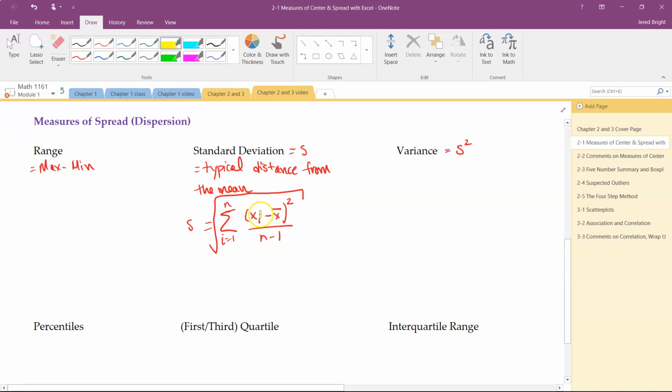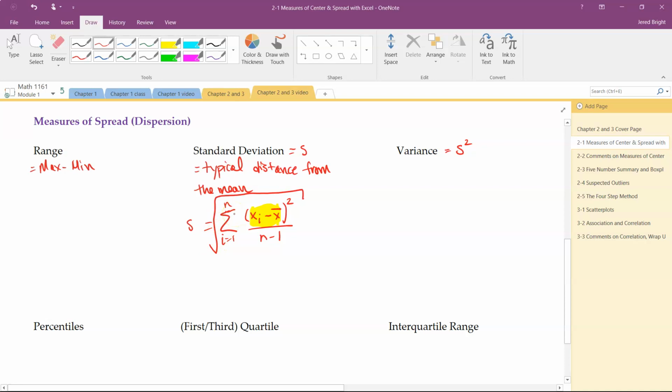But the idea is that with standard deviation and variance, you're looking at the difference of the observation from the mean and then squaring it, square rooting it, etc. And the n minus 1 is an average of sorts. So if you want to think about it as kind of like an average distance from the mean, that works as well. And the variance comes about because a lot of the times we don't like these square roots.